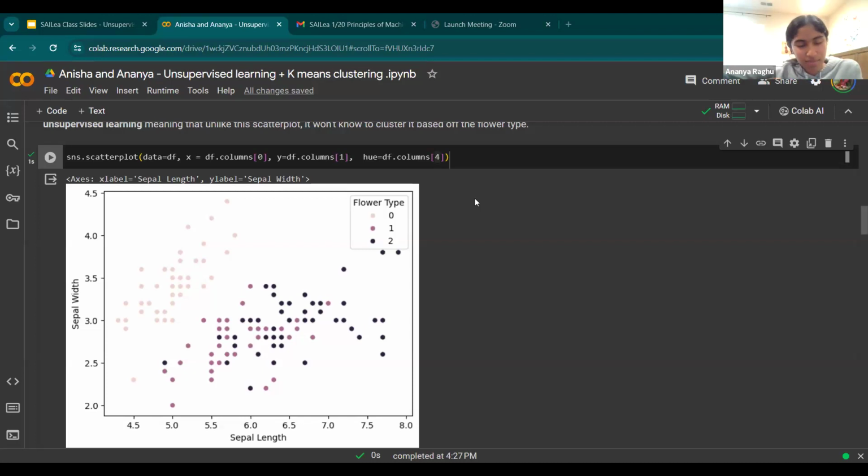Just a quick hint, this might be based on what we want our unsupervised learning to cluster to, what we want it to be.